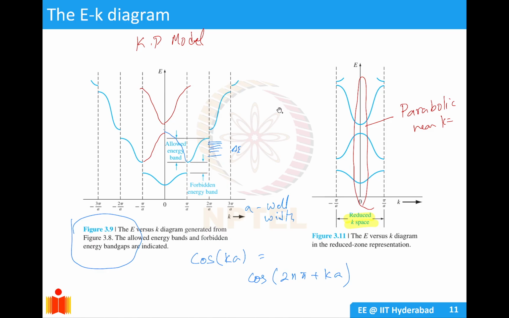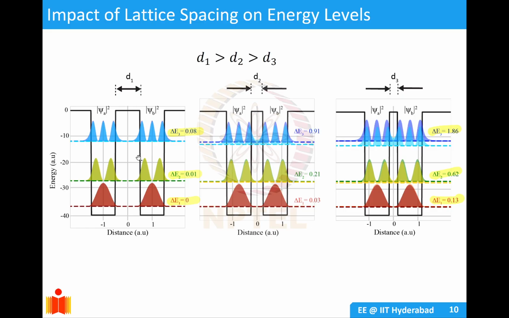And then if you take the Kronig-Penney model and plot it in the E-K diagram format, from minus pi by a to pi by a, you will have it like this. Then for the next energy state, you will have like this.